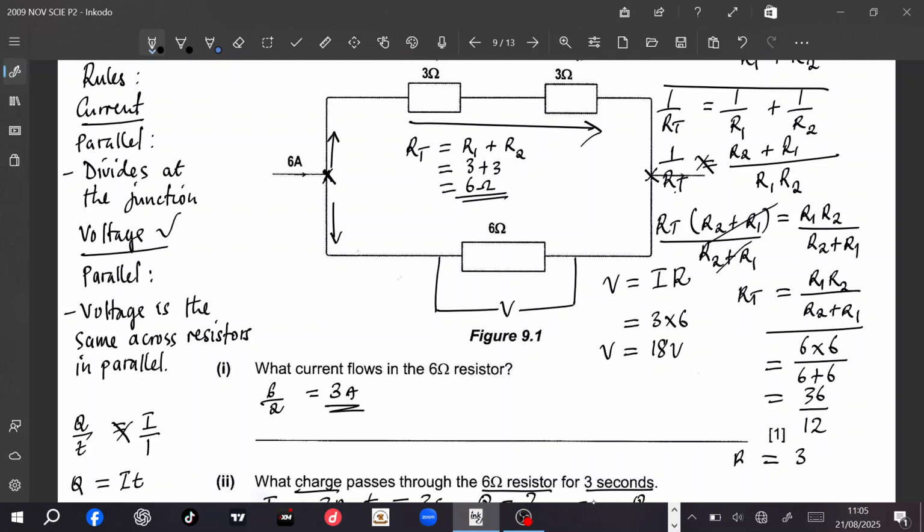So R total is 3, meaning the total resistance in this entire circuit is 3 ohms.